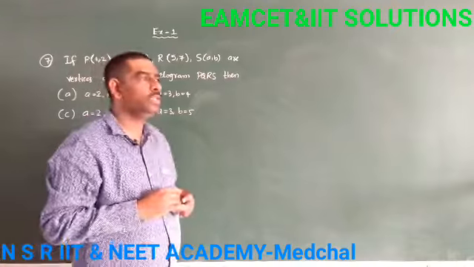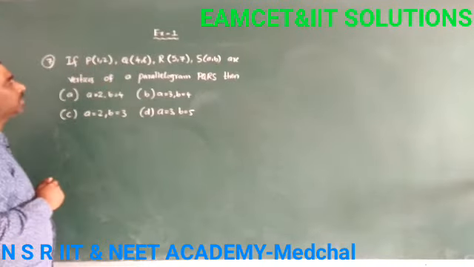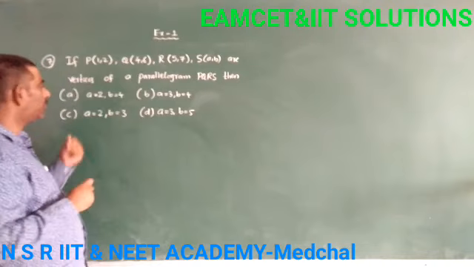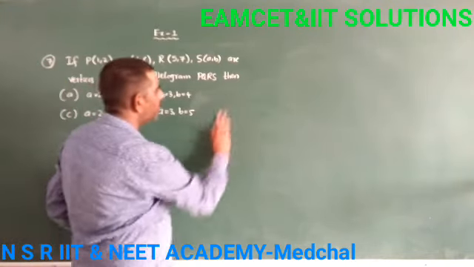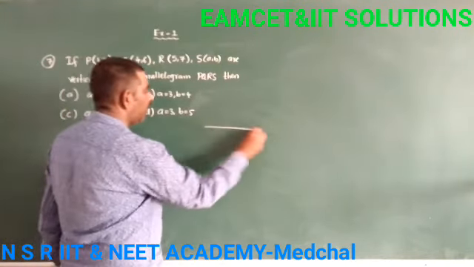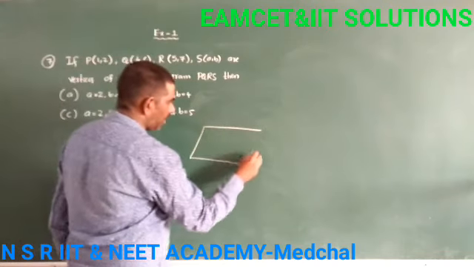Next one: PQRS are the vertices of a parallelogram, then find the values of A and B. Suppose this is a parallelogram PQRS.